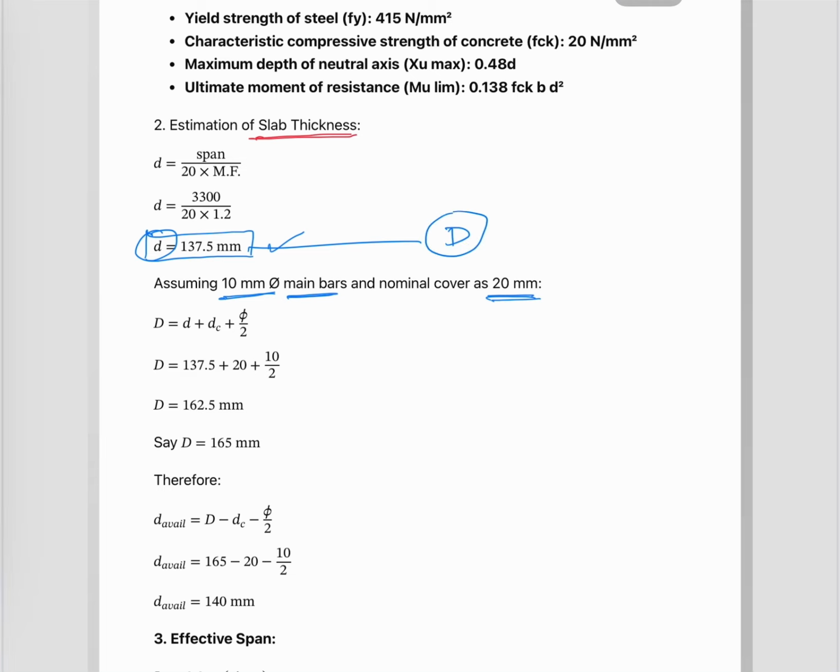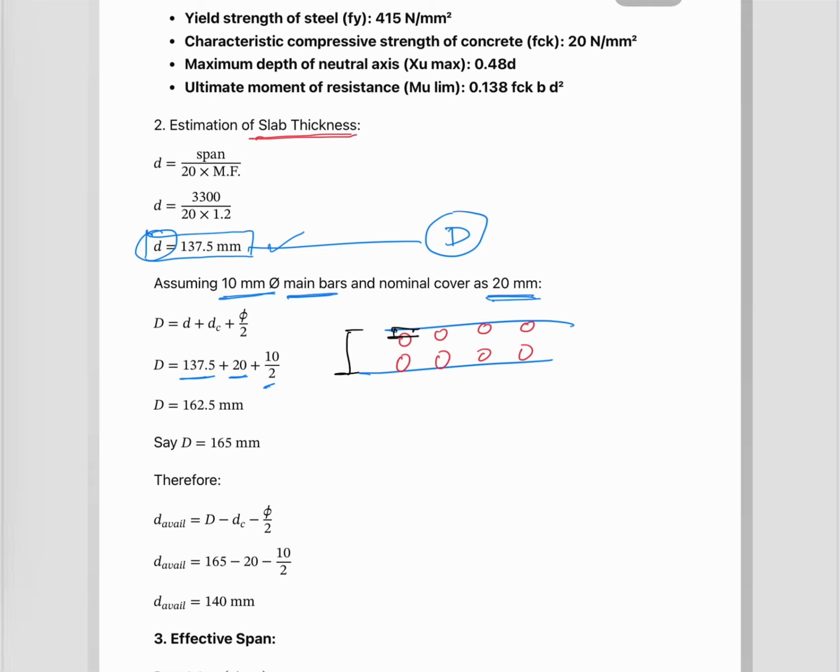So to calculate the overall depth, what we have to do is D equals small d plus the cover we are going to provide plus diameter of bar divided by 2. So this is our total slab thickness, right? These are our bars, and in between of this we are going to provide definitely the cover.